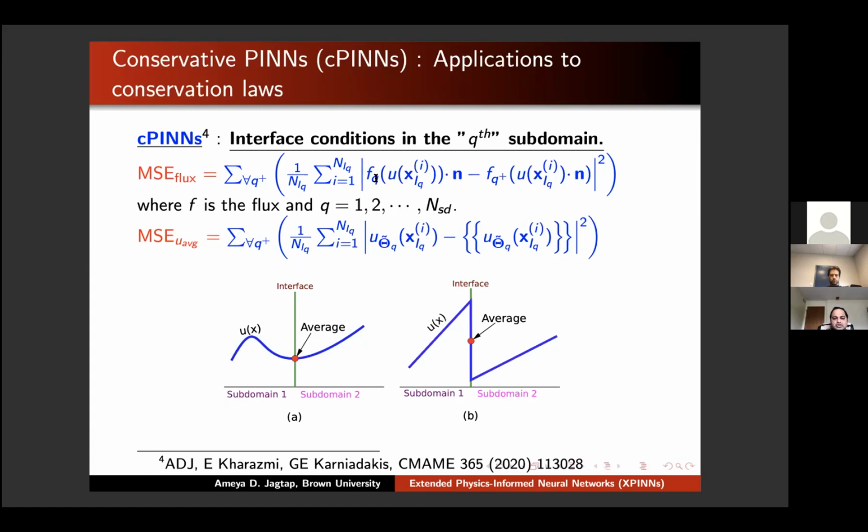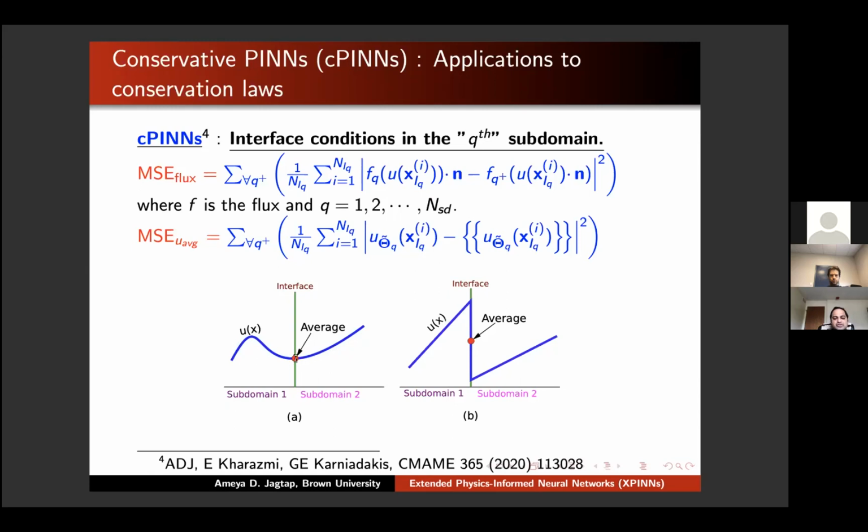So Q is my domain under consideration, whereas Q plus are all neighboring subdomains which share a common boundary with the subdomain Q. And the second interface condition is the average solution continuity. So the average solution is given by this term here, and we are enforcing the continuity of the average solution along the interface. So this condition will actually boil down to a solution continuity condition in case of a solution which is smooth here.